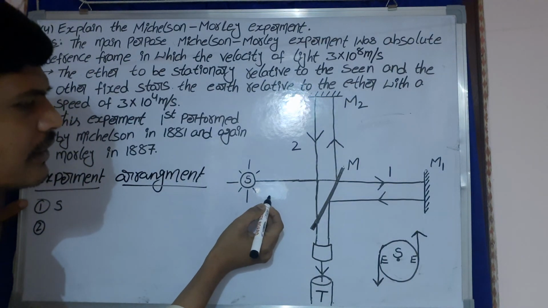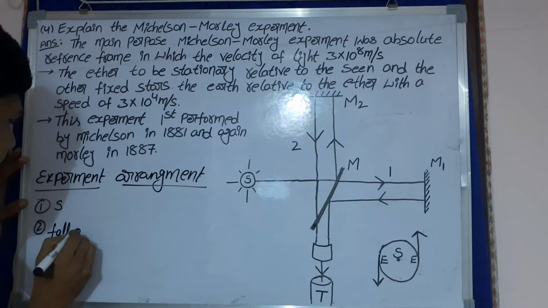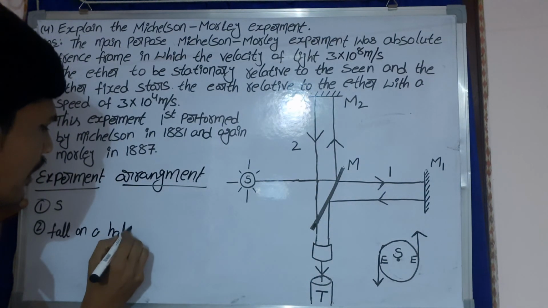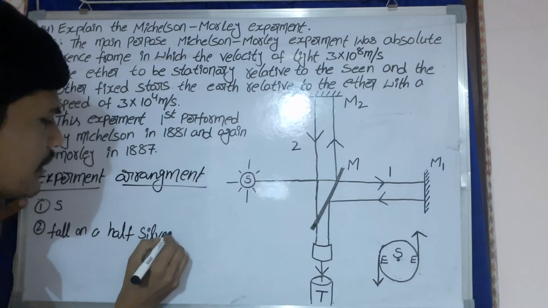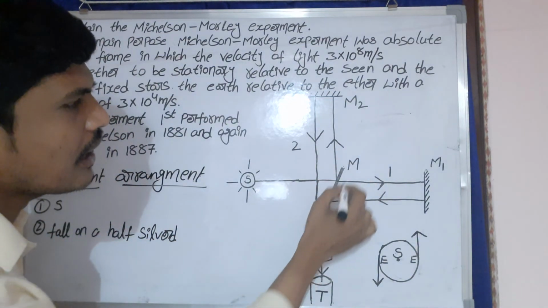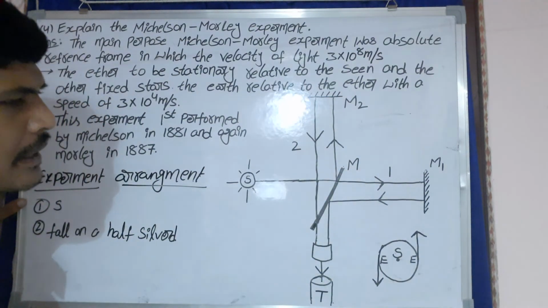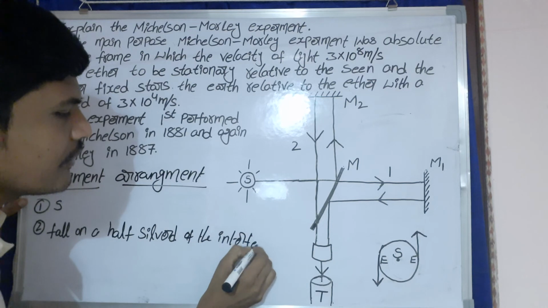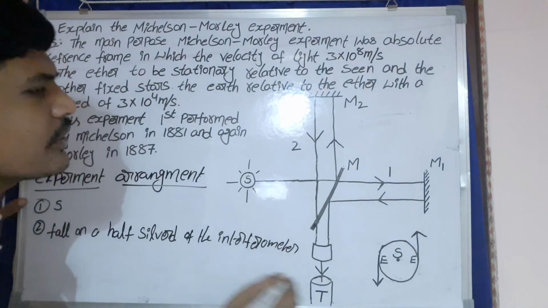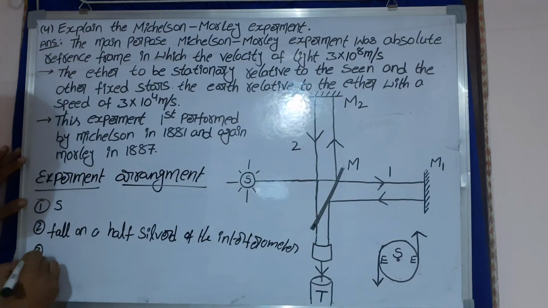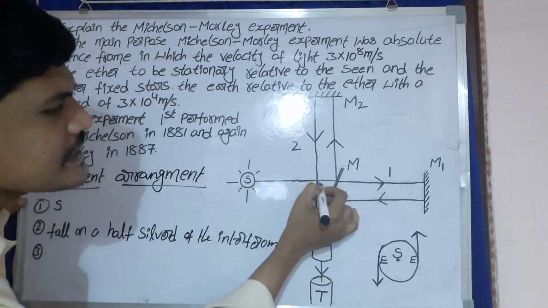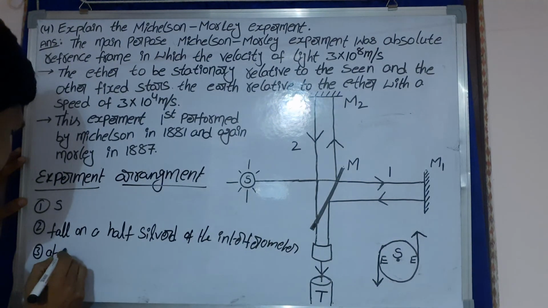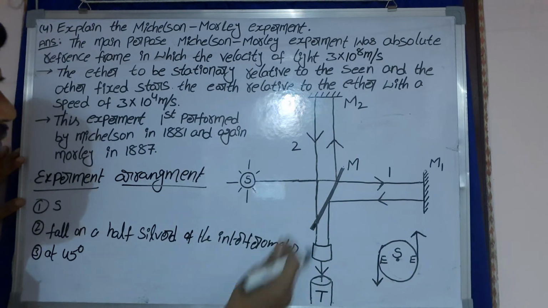The beam of light is incident on the mirror at an angle of 45 degrees.